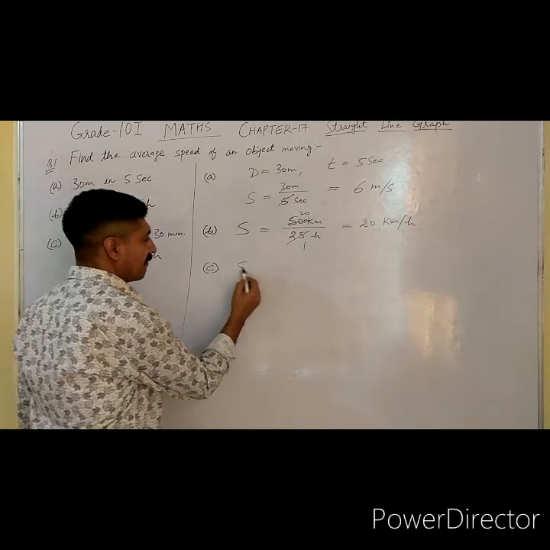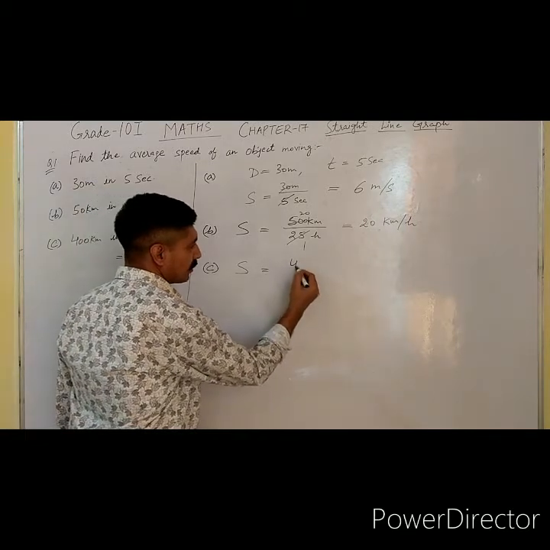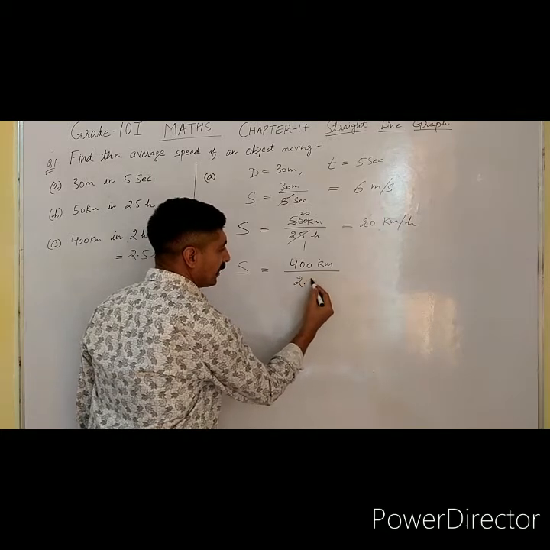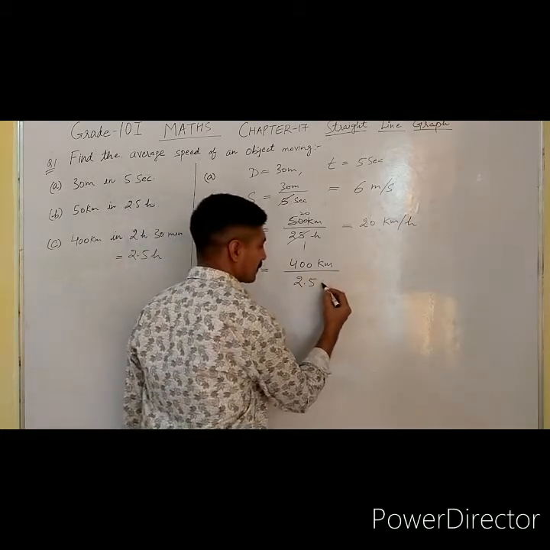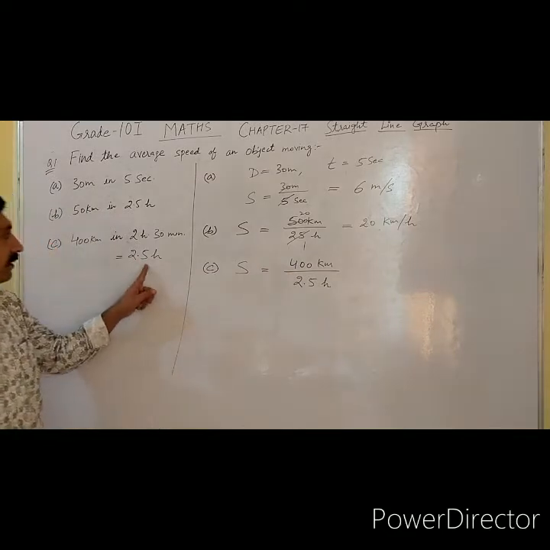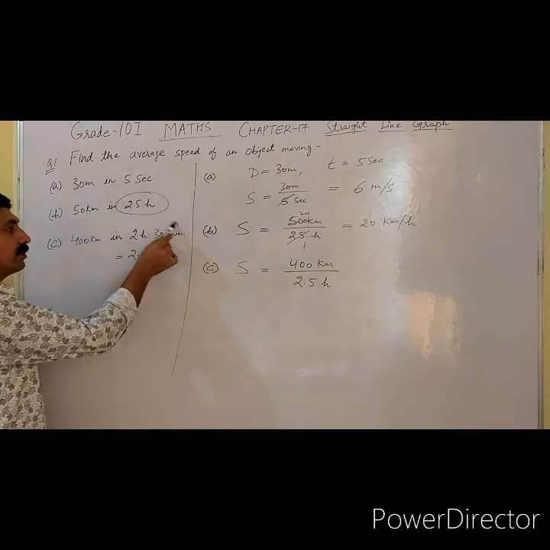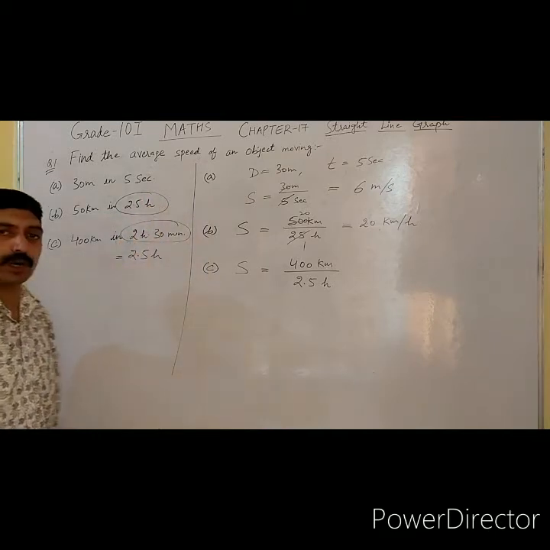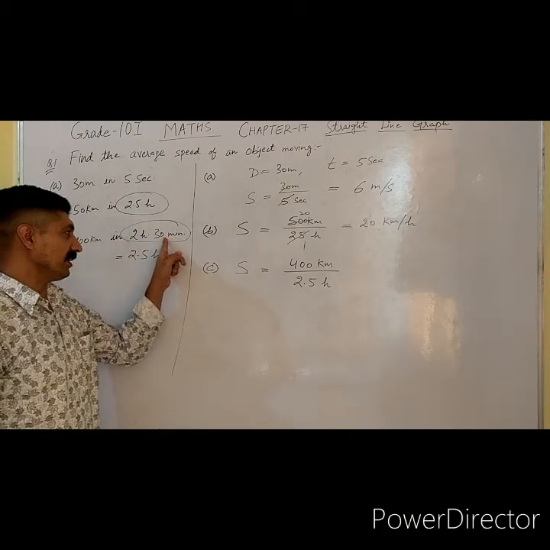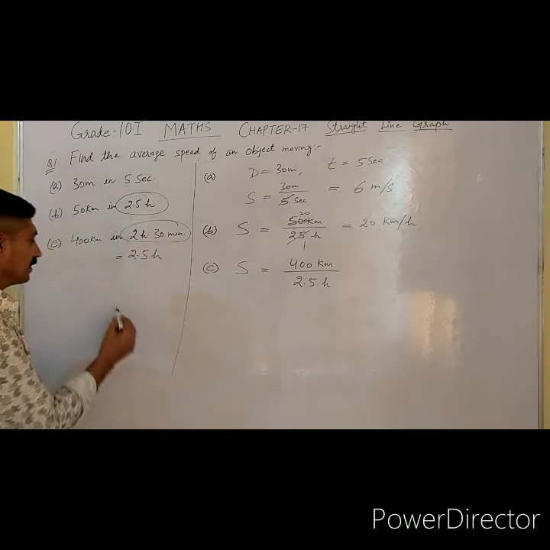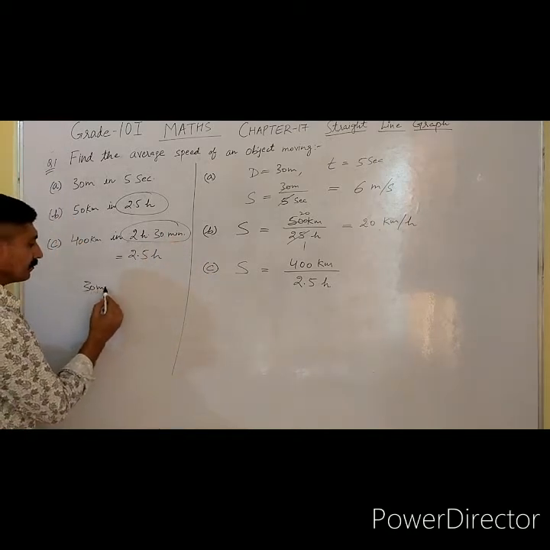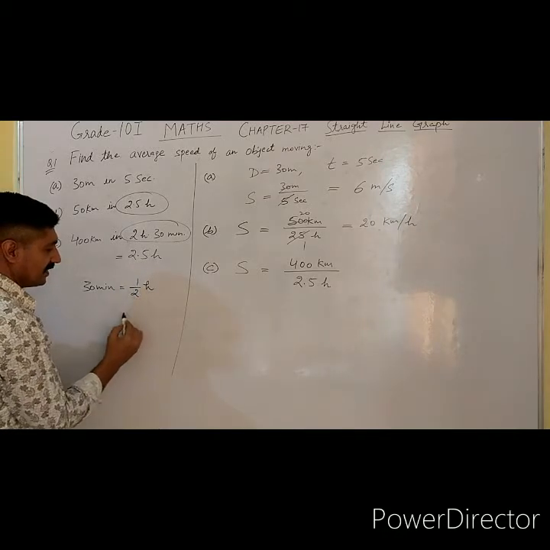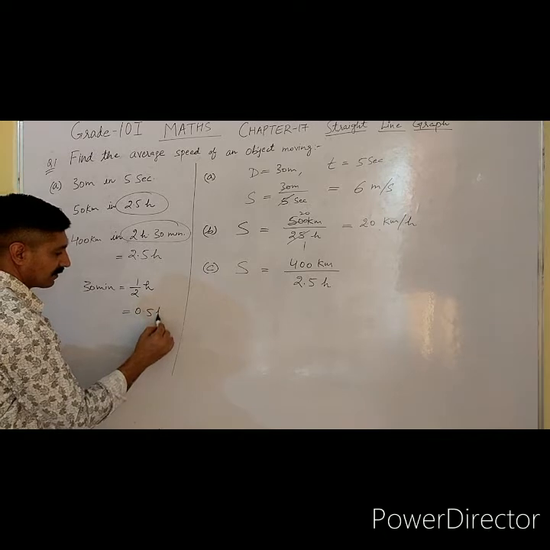So the average speed in this case is equal to 400 kilometer upon 2.5 hours. Here we need to convert this 30 minutes. 30 minutes is half of an hour, or 0.5 hour.